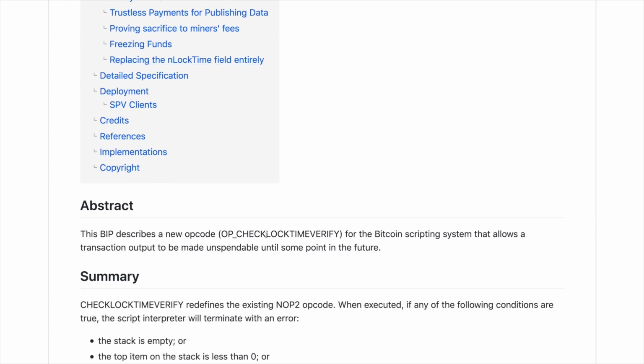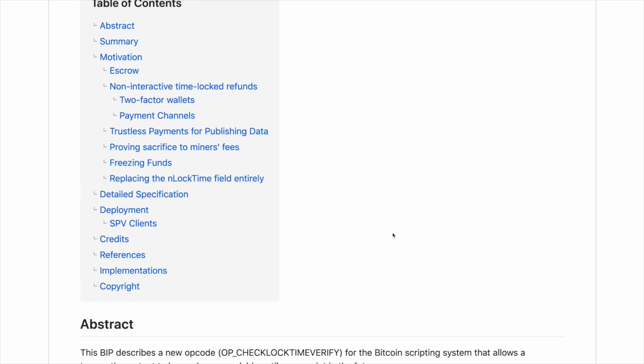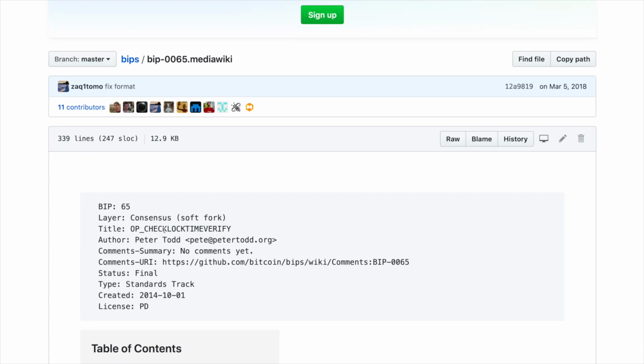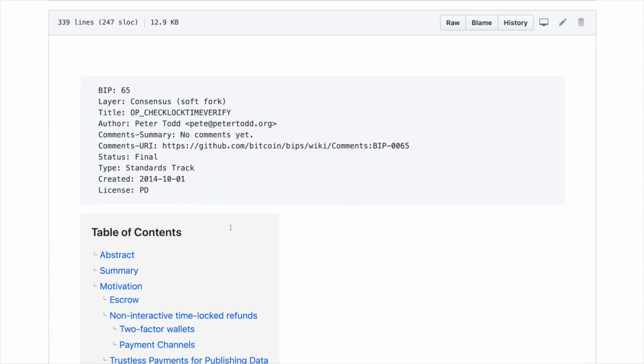This opcode allows the transaction output to be made unspendable until some point of time in the future. So if you specify a certain point of time in the future followed by this verify, the output is not spendable until that time is reached.